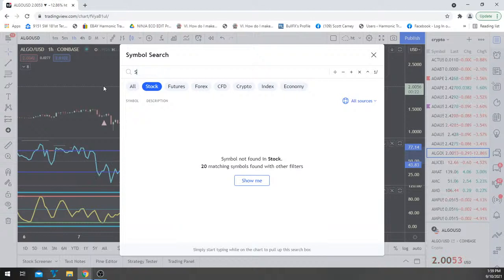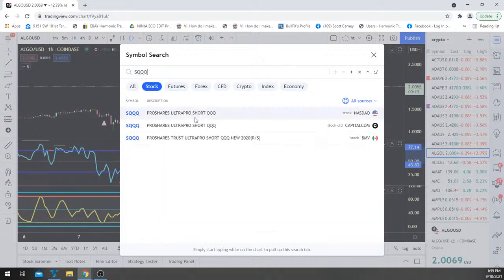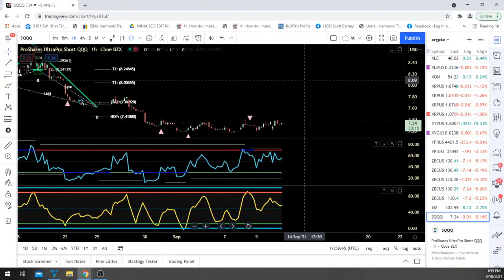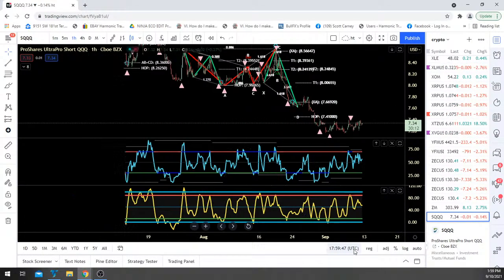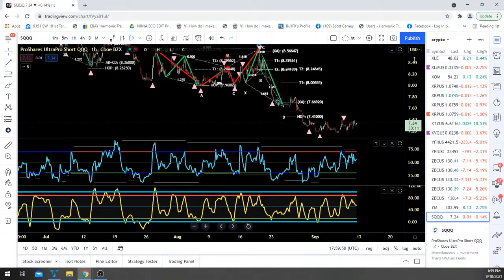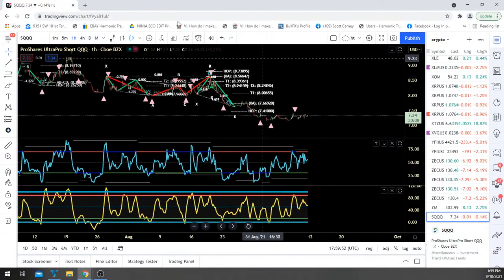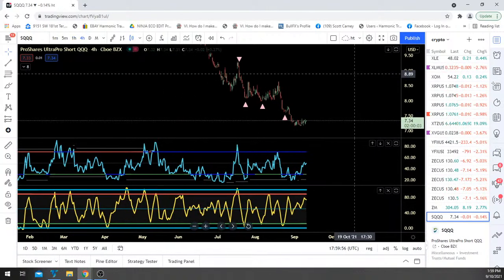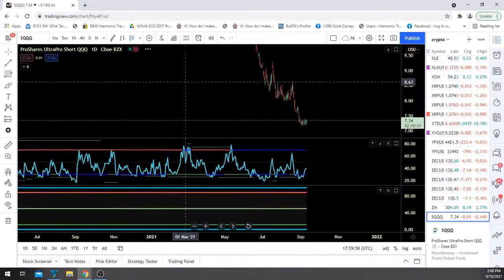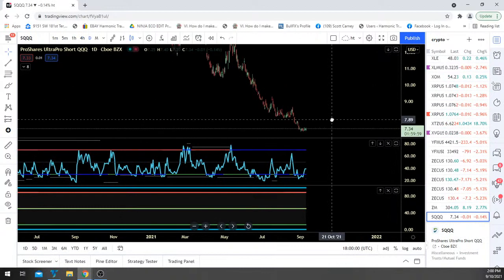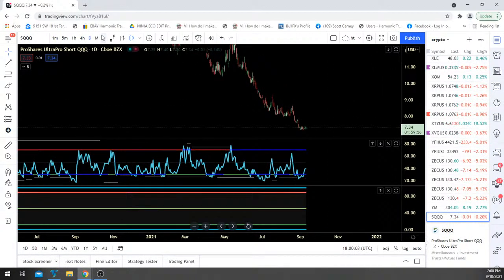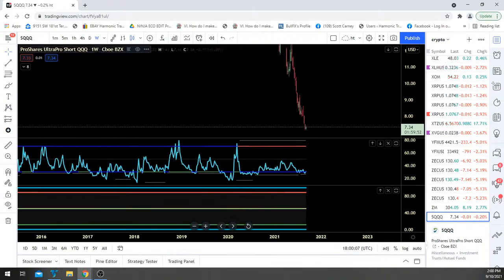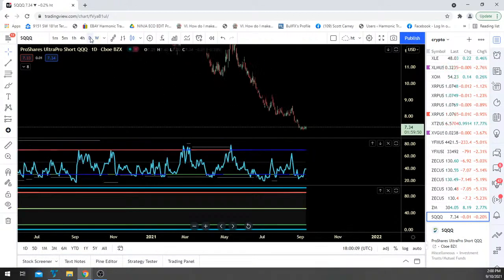I do want to show the SQQ. This is the Ultra Pro short. And this is something else where we're looking for this. Okay. On the major level, it's on a daily, or weekly maybe.